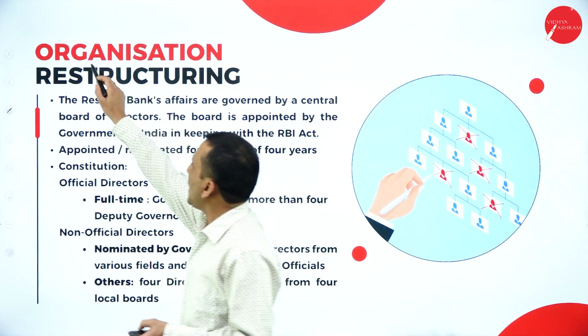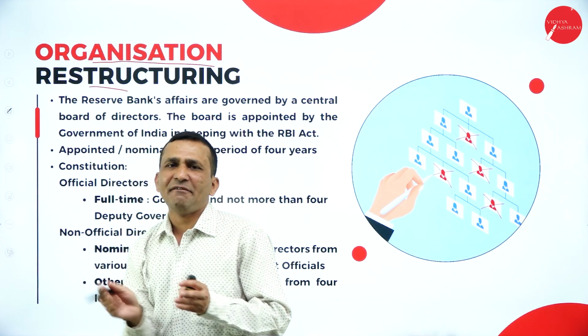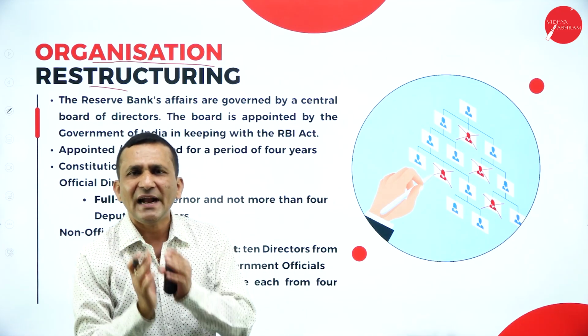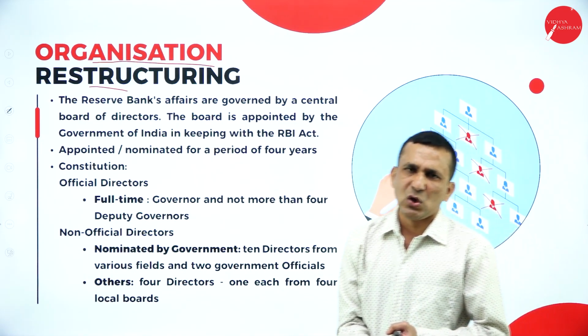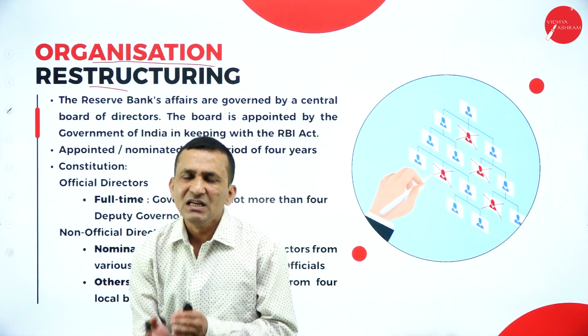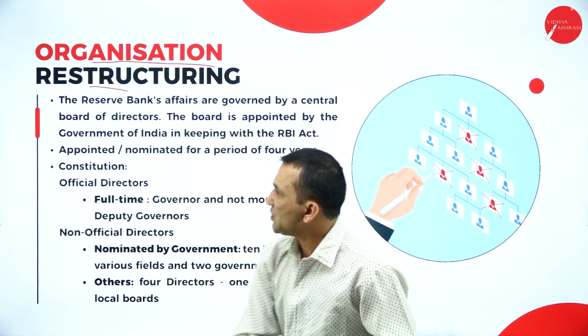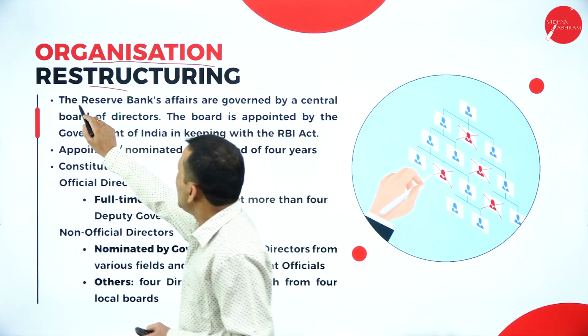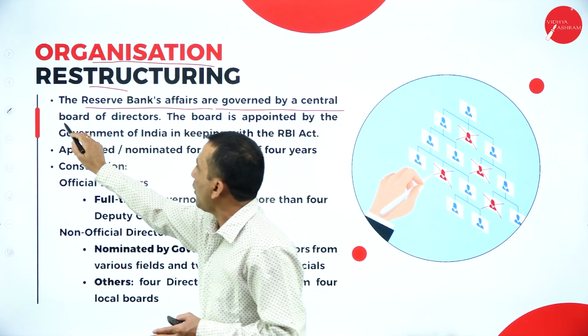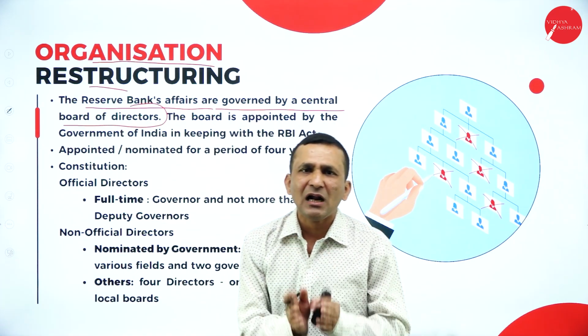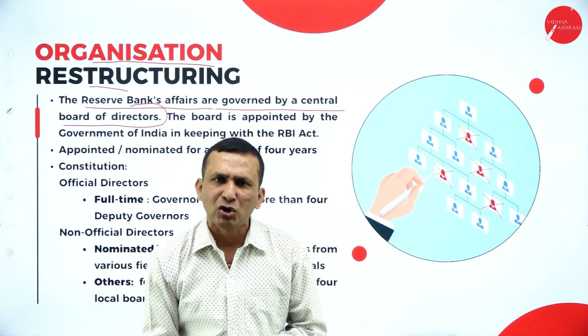Next, the organization structure. Each and every organization or enterprise has a functional structure: how it is located, how it is designed, and how it is working. Based on the organization structure, the Reserve Bank's affairs are governed by the Central Board of Directors, because our RBI is always a central authority.